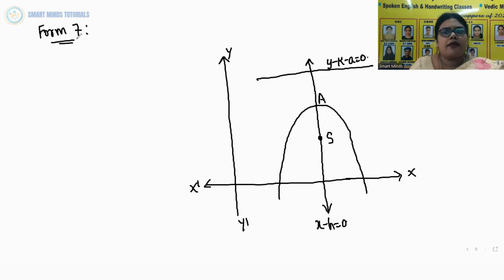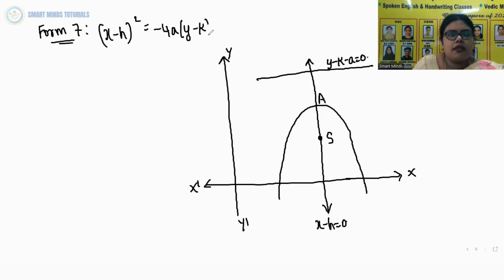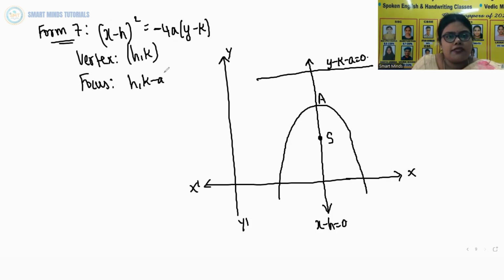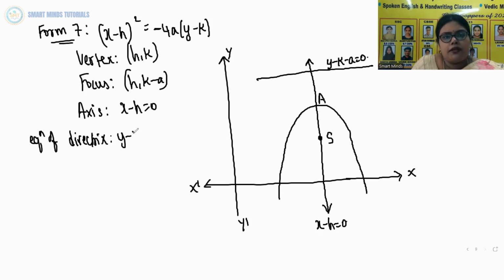Now see, this is form 7, a downward parabola when the vertex is h comma k. The form is x minus h whole square is equal to minus 4a into y minus k. Because it is downward, you get a minus sign. The vertex is h comma k, the focus is h comma k minus a, the axis is x minus h is equal to 0, and the equation of the directrix is y minus k minus a is equal to 0.